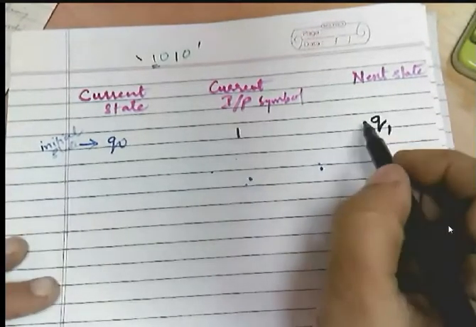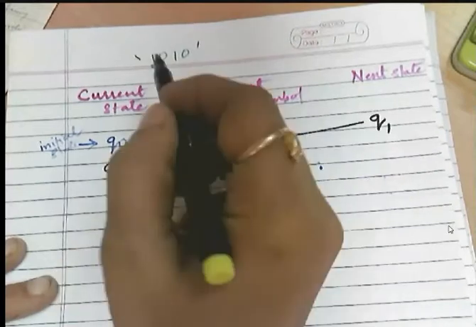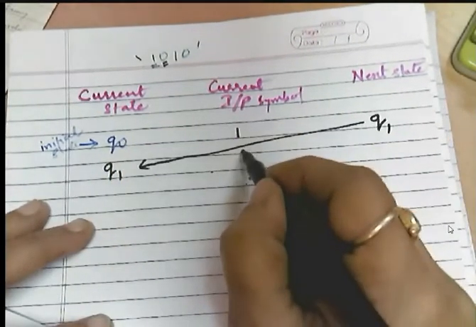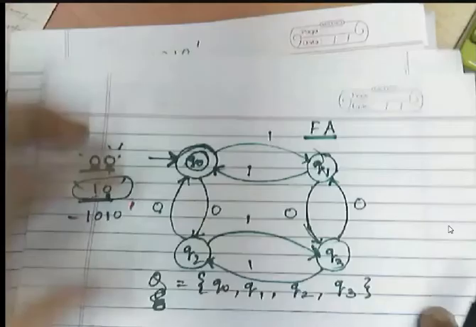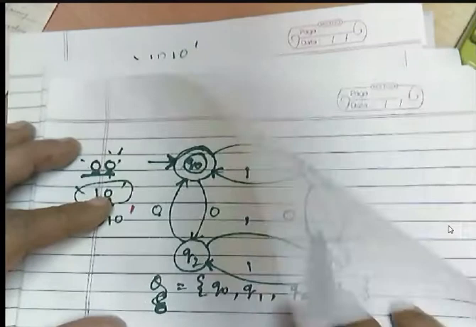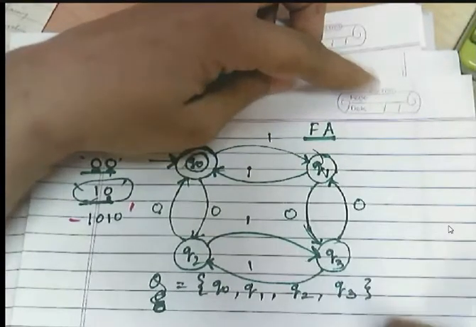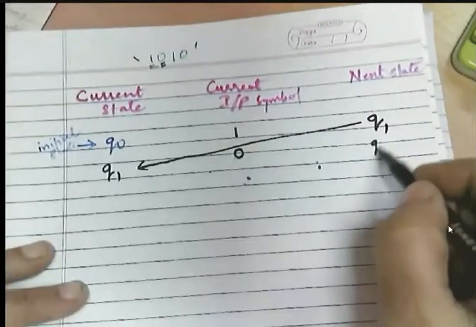Now this Q1 will act as my current state, and the next input symbol will be read, which will be 0. Now, if my current state is Q1 and input is 0, then we will be moving to Q3 state. So my next state is Q3.